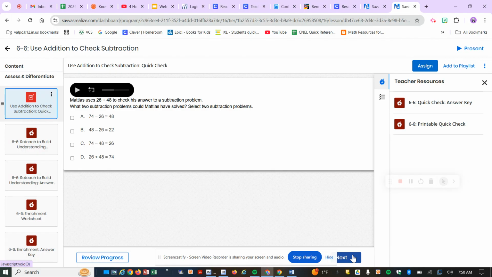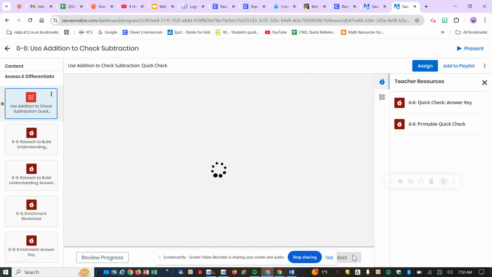But we are not subtracting, we are looking for the flip. So if you add 26 and 48, find the answer. Those 2 subtraction facts are the ones that are in this fact family. There is a fact family or related fact sign on our back wall that might give you some help on this problem. Take your time and think. Remember, you need to choose 2 answers for this question.